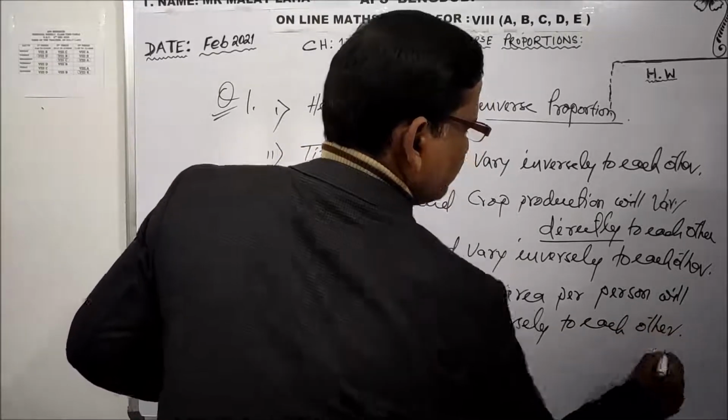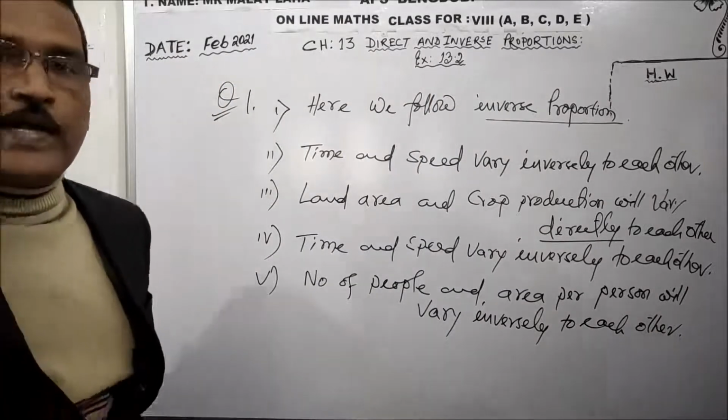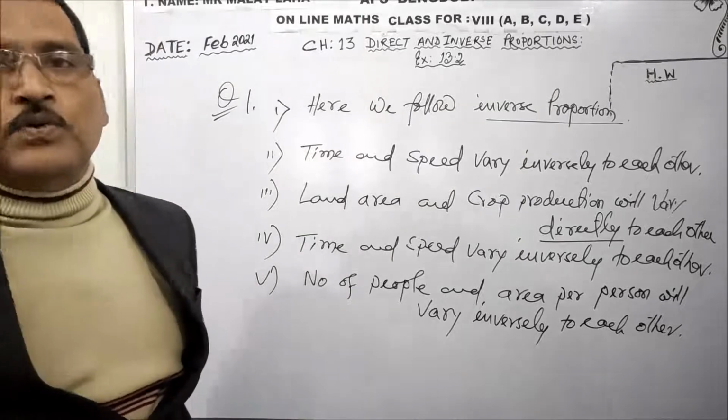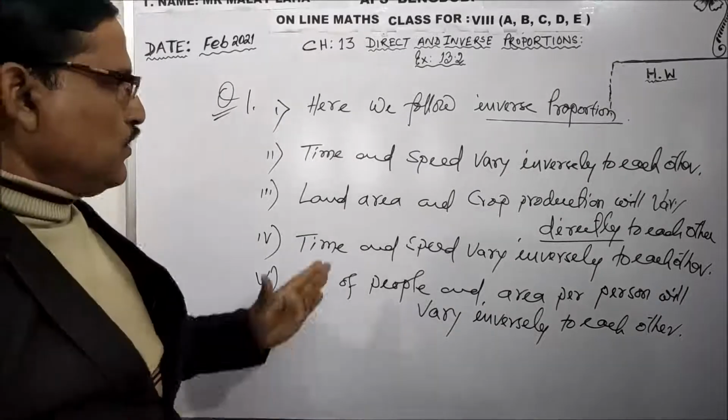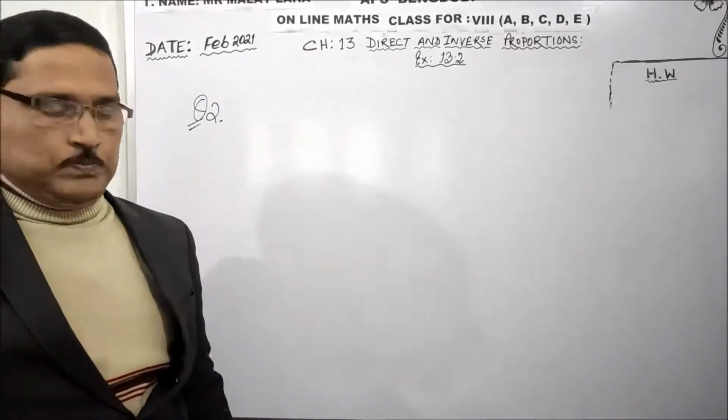Understood this question? These are the areas where first of all it is given where we have to follow direct variation and where we have to follow inverse variation. Okay, note this down.